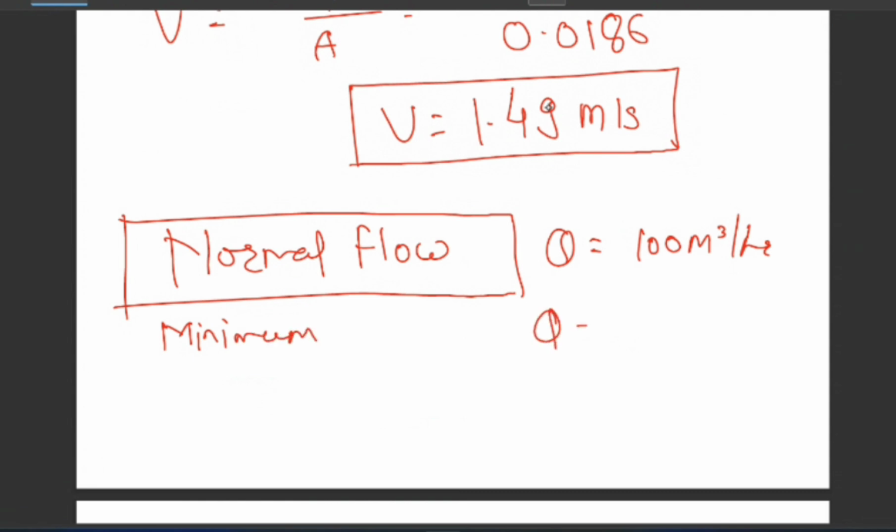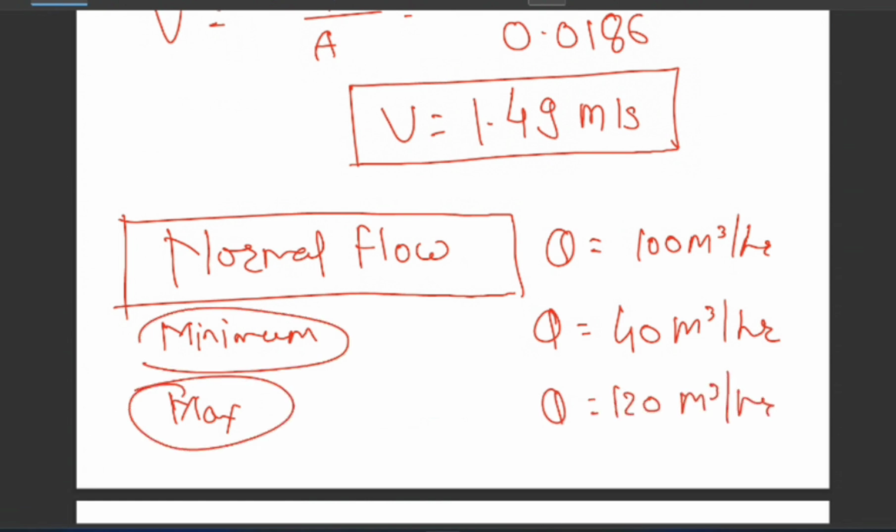It was 40 m cube per hour, and the max flow was 120 m cube per hour. So these are two values you have to calculate. So this is how a control valve CV is calculated.